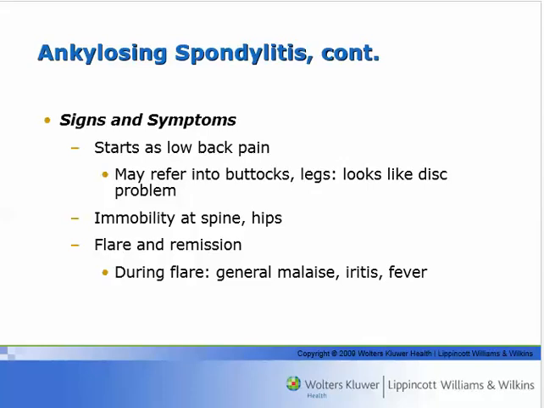You start to see a loss of mobility in the spine and the hips, so range of motion decreases. Again, it's autoimmune, so there are flares and remissions. And during the flare, as it is a systemic disease, you get systemic things: malaise, fever, the big thing.